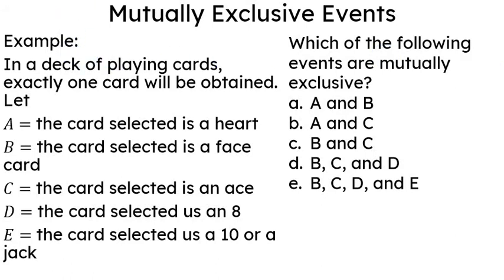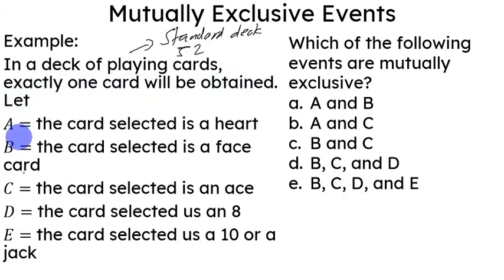So, let's have another example. In a deck of playing cards, exactly one card will be obtained. When we talk of playing cards, it is our standard deck: 52 cards, 4 suits, 2 colors, 13 characters, ace to 10, jack, queen, and king. So, those are our playing cards. Our experiment is that exactly one card will be obtained.